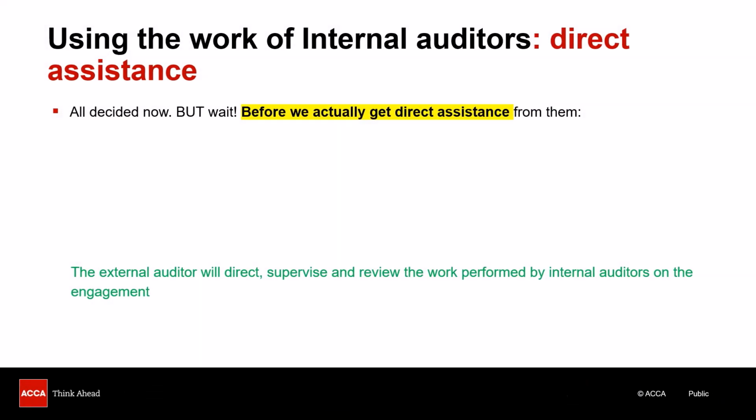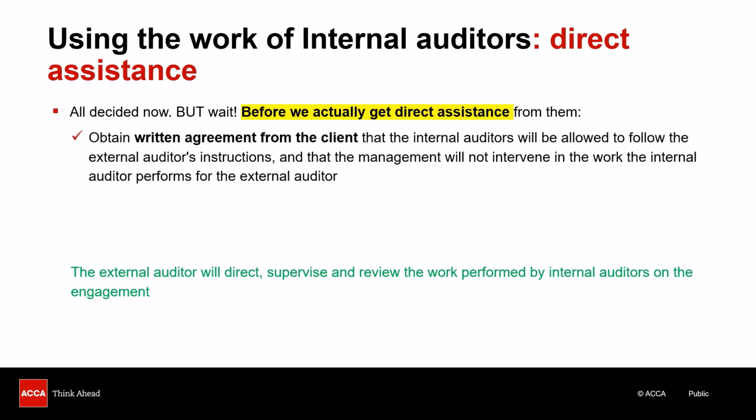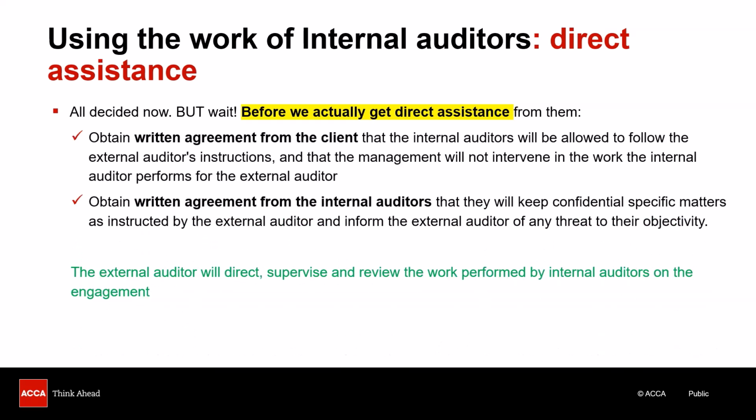Now, this is all done. We've actually decided that these are the areas we're going to get them to work for us. Say I'm just going to be getting them to confirm electricity bills and water bills, and routine and mechanical work. But before we actually execute this, there are 2 agreements that we need to get. We need to get a written agreement from our audit client that they are okay with us using their internal auditors for direct assistance.